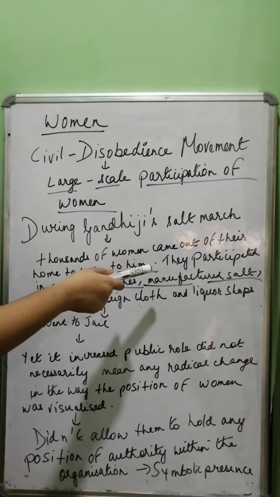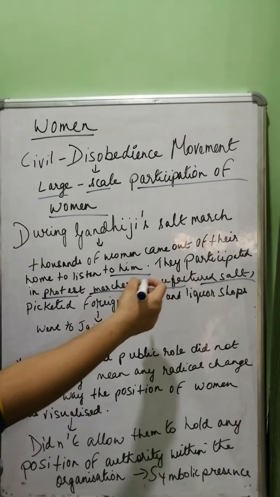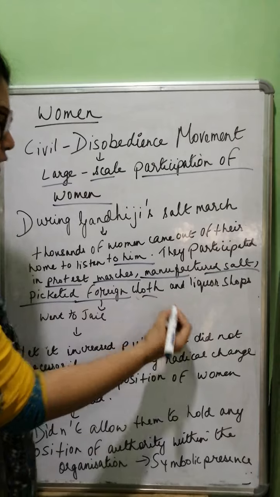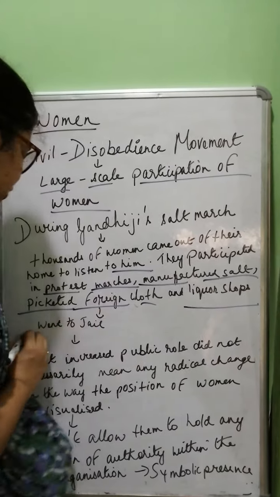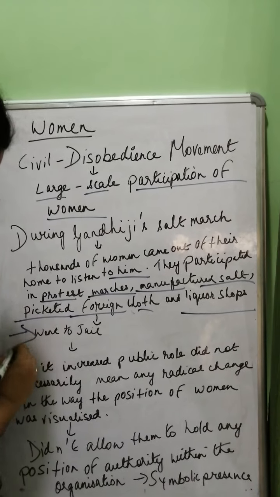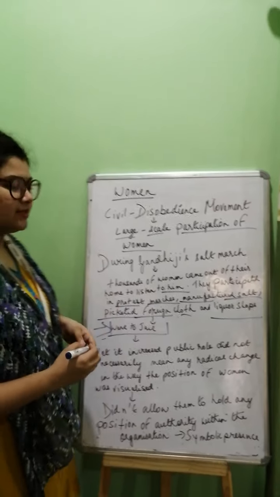In the previous part we saw how women manufactured salt in Dandi. They also picketed foreign cloth and liquor shops, and as a result they even went to jail. Most of the women went to jail during this civil disobedience movement.